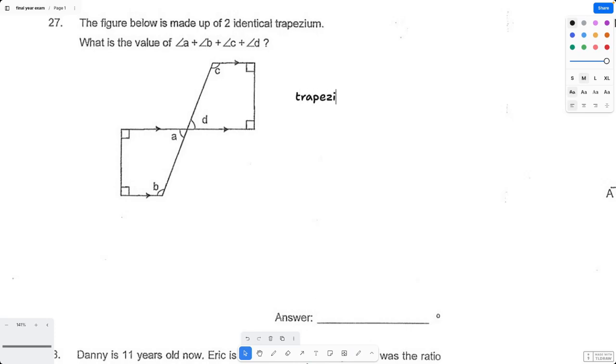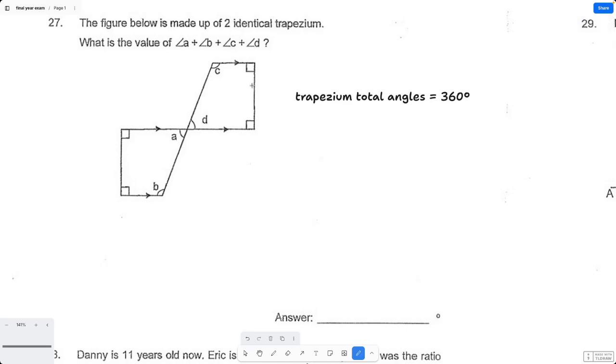Trapezium, right? So in essence, trapezium total angles is 360 degrees, right? So we know that one trapezium total angle is 360 degrees. We also know that there are two right angles in this case over here, right? 1 and 2.